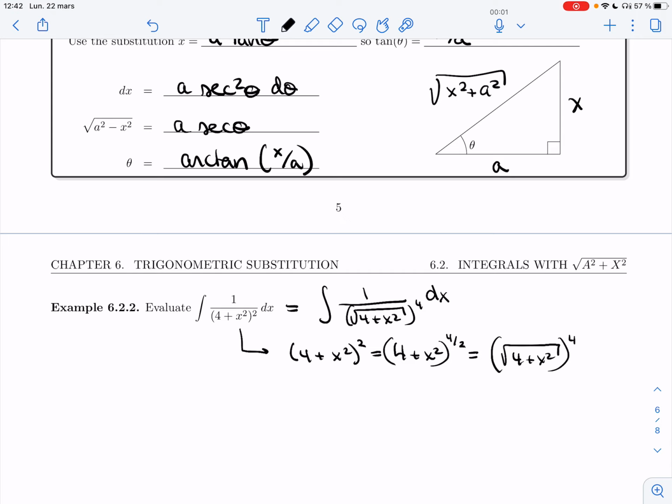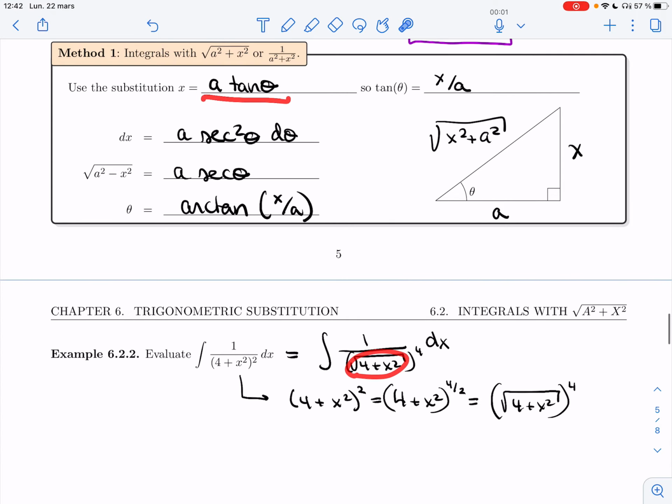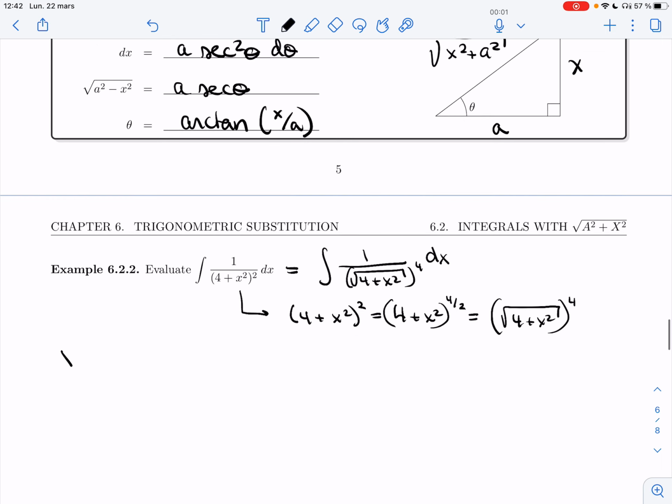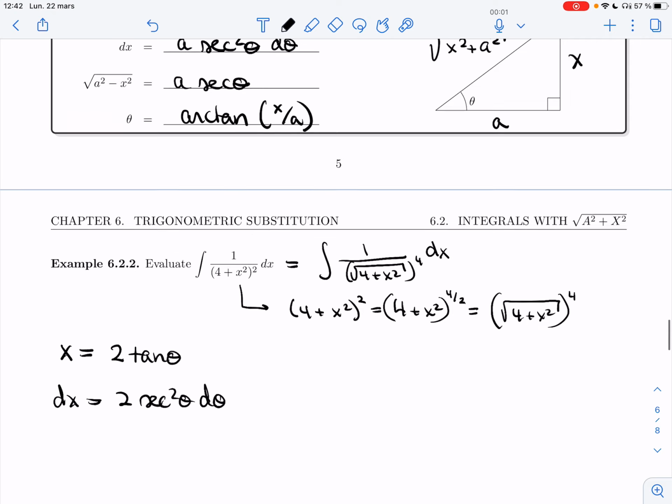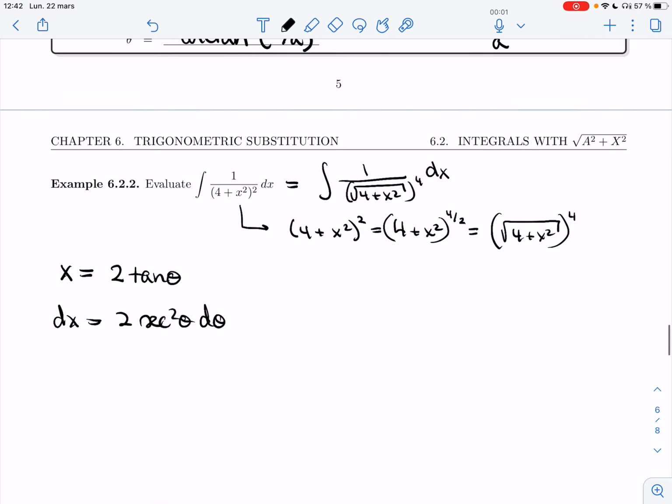So I'm going to apply the method using the fact that I have this square root now. I'm going to take x as a tan, so a is 2: x is 2 tan theta, dx is 2 secant squared theta d theta. And then the square root is just 2 secant, no squares.